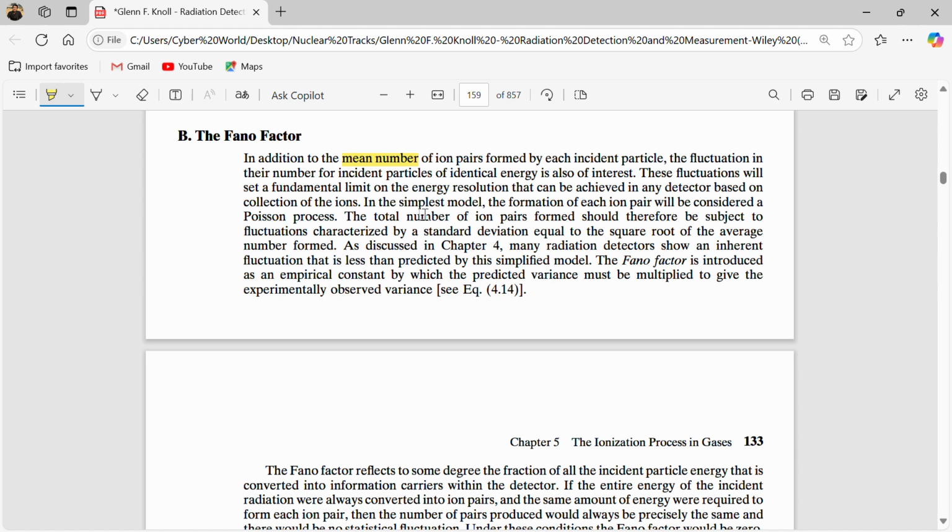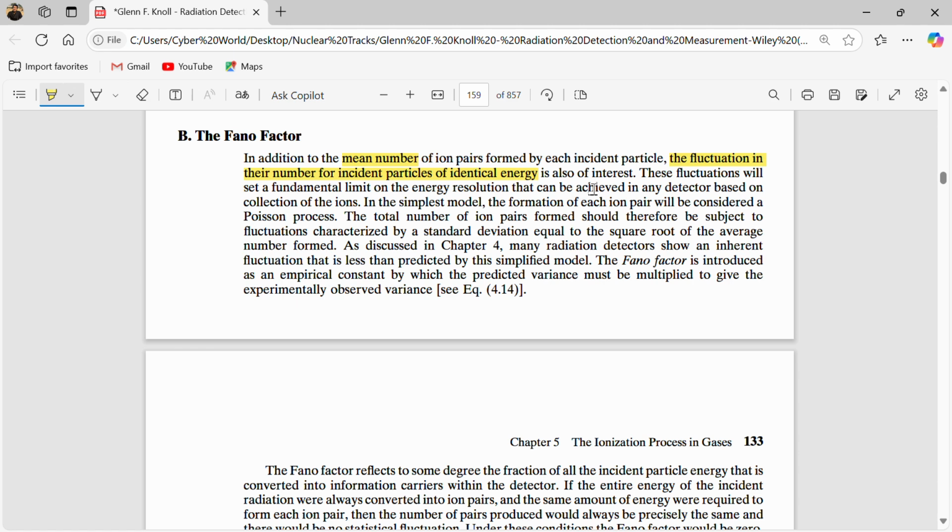The definition is this: the fluctuations in the number of ion pairs produced by incident particles having the same identical energy is known as the Fano factor. Okay, this is very interesting to deal with.